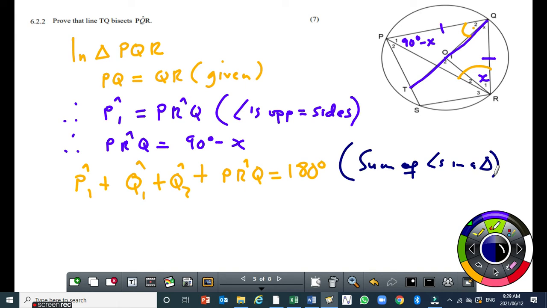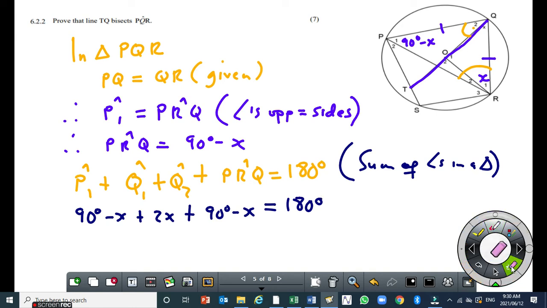This is 90 degrees minus x. PRQ is 90 degrees minus x. That will give me 180. Well, I made a mistake. I was supposed to put Q1 is x. I didn't correct that.